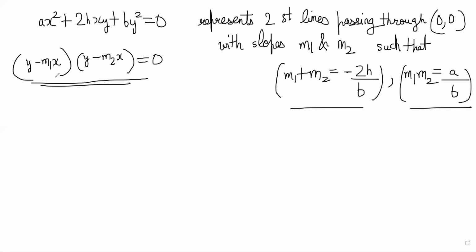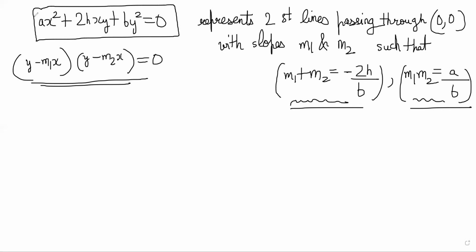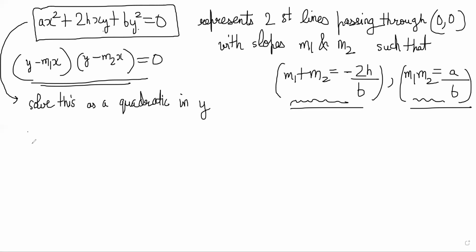We could have gotten this in a slightly different way also, probably a more convincing way, where we look at this equation and solve it as a quadratic in y. Notice that there is a y², there is a y, and there is no y term in the other part, right? You can say that this is by² + 2hx·y + ax² = 0, right?